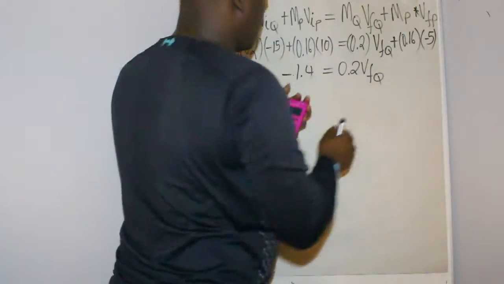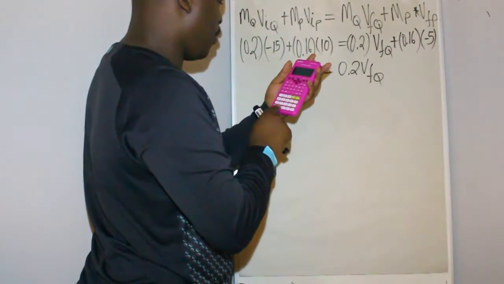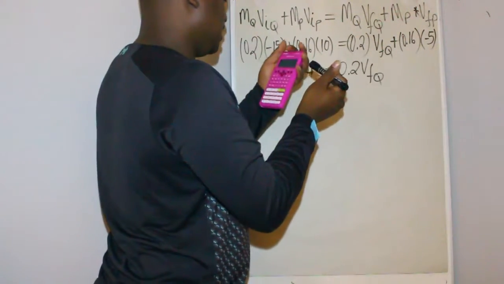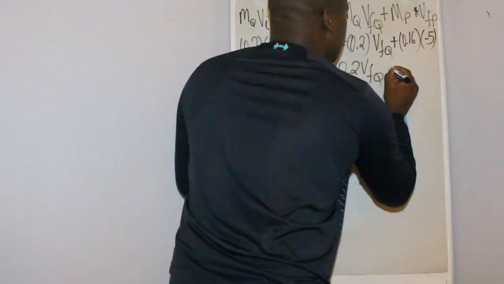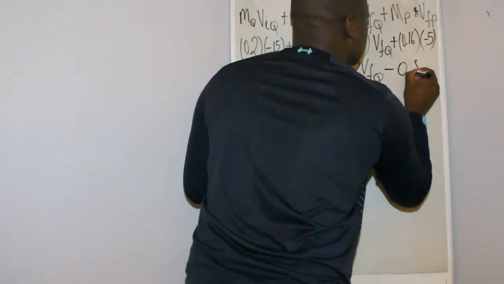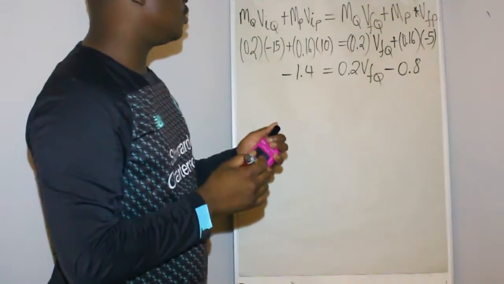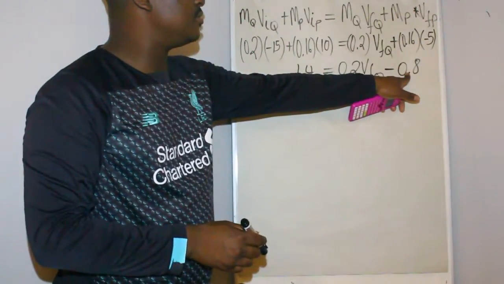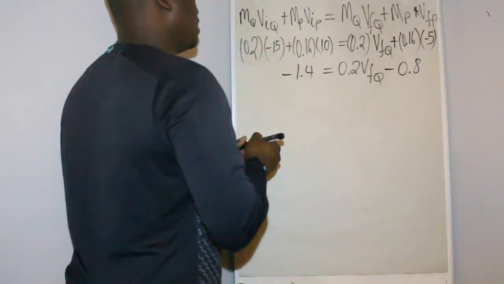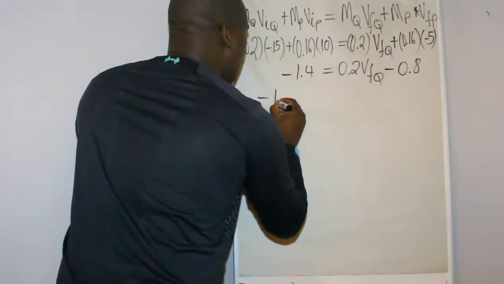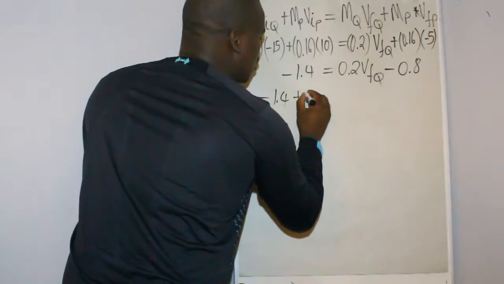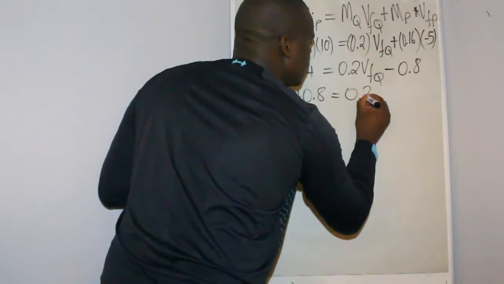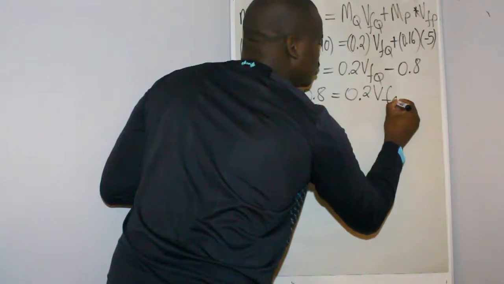Then you take the product of these two. So what is it? It's 0,16 times negative 5. Your answer is negative 0,8. What do we do? We transpose this negative 0,8 to this side. It was negative, it will be positive on this side. So what do we have? We have negative 1.4 plus 0,8, which is equal to 0,2 VFQ.